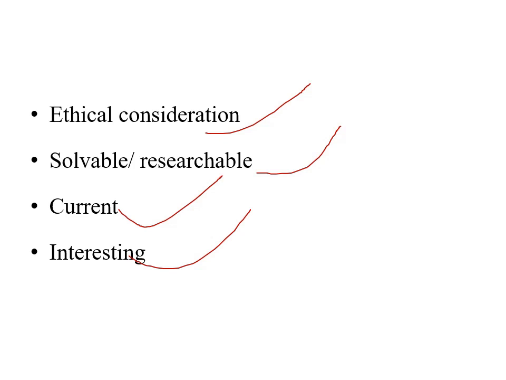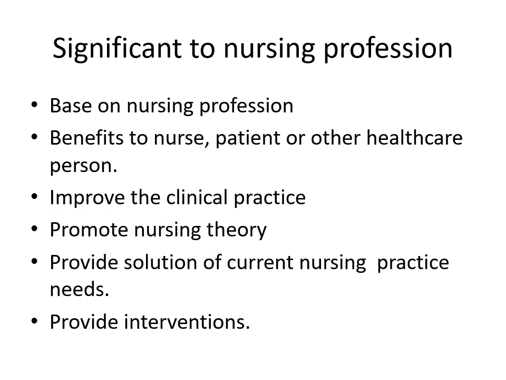So these are the things that we have. Next one, these are the explanations. We have significance to the nursing profession. I have already told you it should be related to the nursing profession.